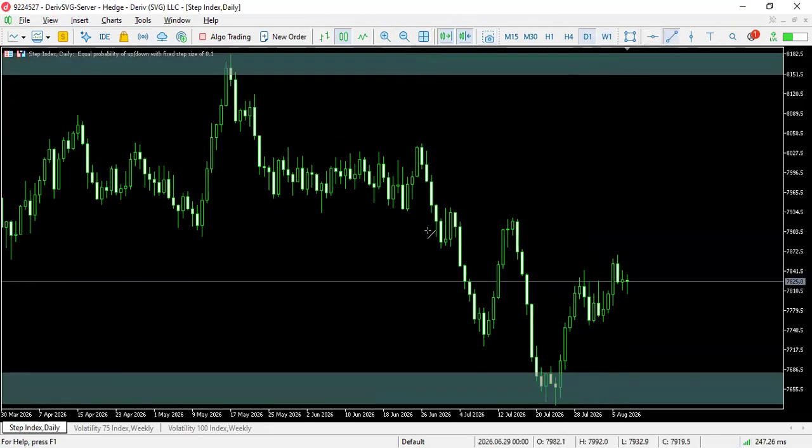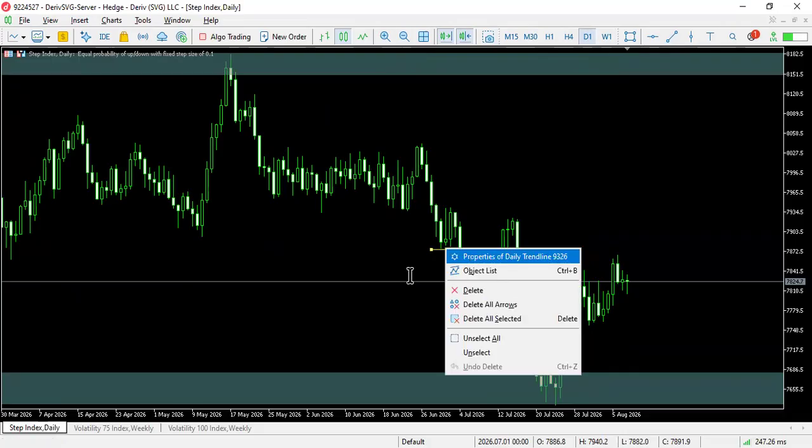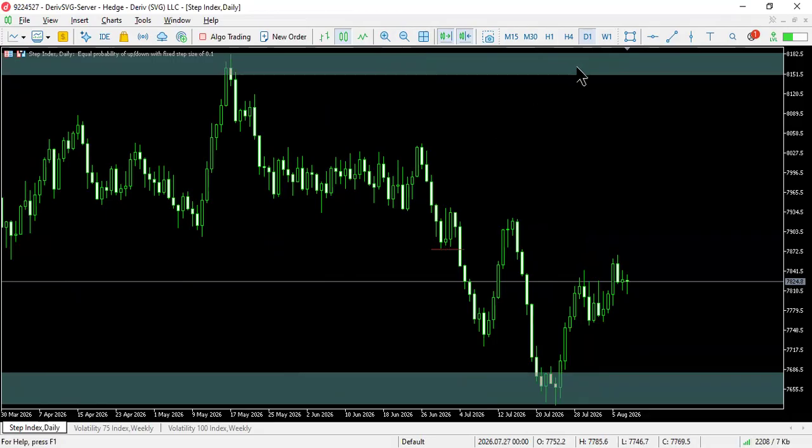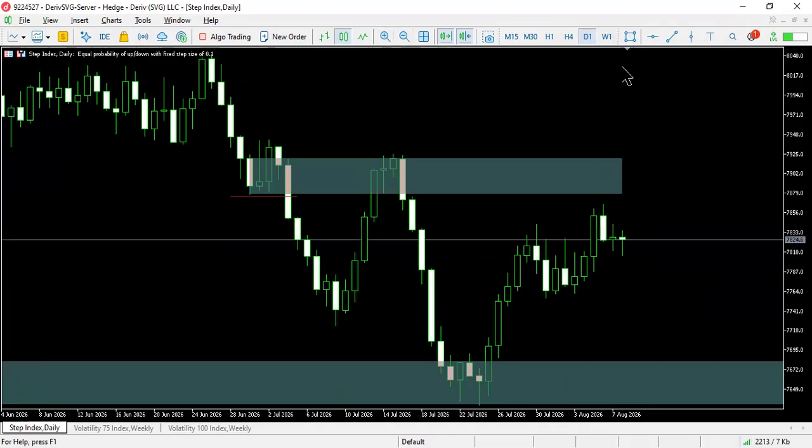From the daily time frame, we have a break of structure right there. And then price reacted from that order block. And it's pushing.